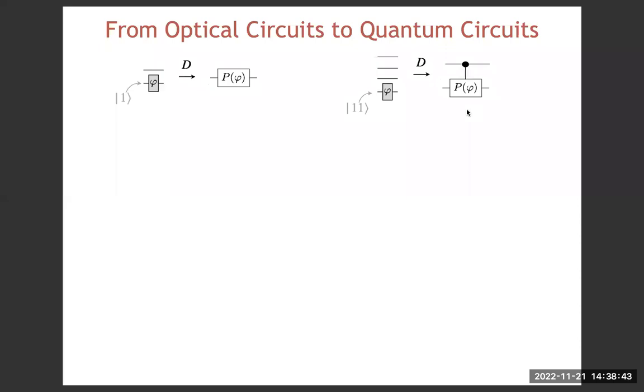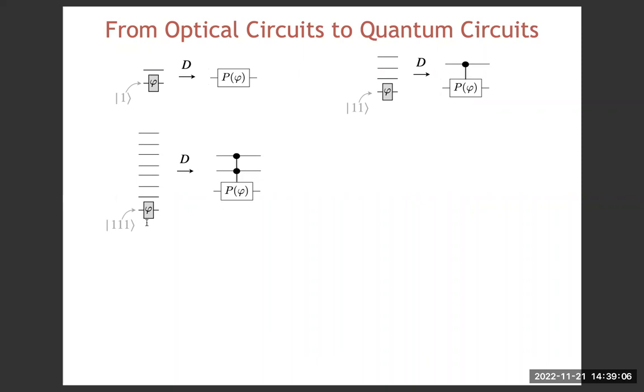And more generally, if we have plenty of identities, it's going to be a controlled phase gate. So for each generator of optical circuit, when we decode it into quantum circuits, we get this multi-controlled gate.